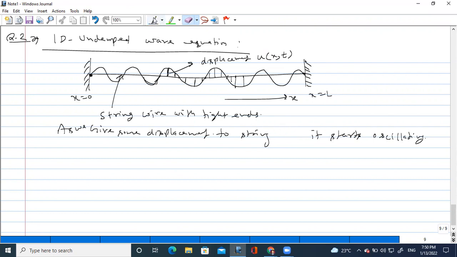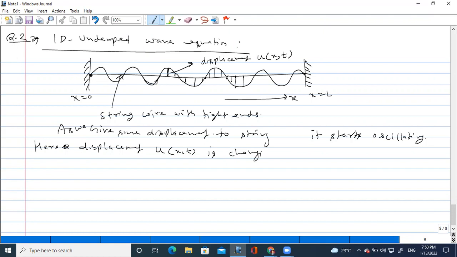So this is the scenario. In that scenario, what can be the equation? One more thing you can write: displacement is changing with time as well as position. Here displacement u(x, t) is changing.